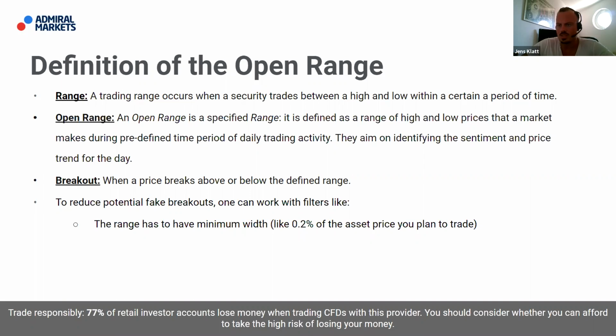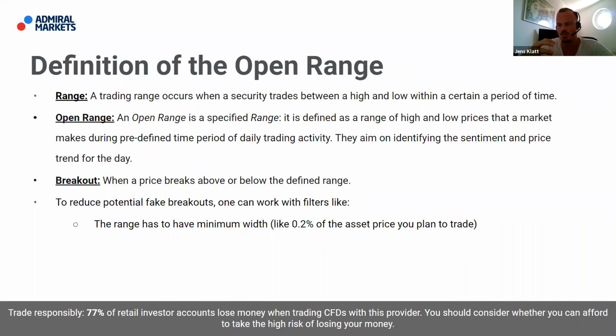The reason why we do that is very simple: we want to avoid being positioned in a breakout trade within periods of low volatility. Usually, if the range width is below 0.2%, this is a sign that volatility is really low in the market right now, like during the holiday season. And if a breakout occurs during these times, it's only coincidental.